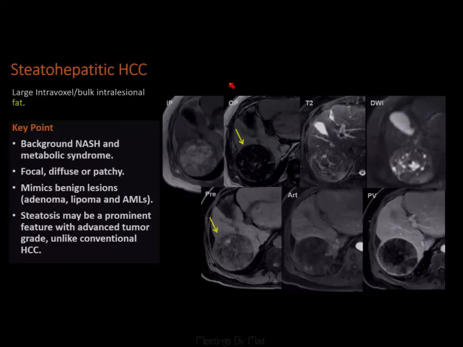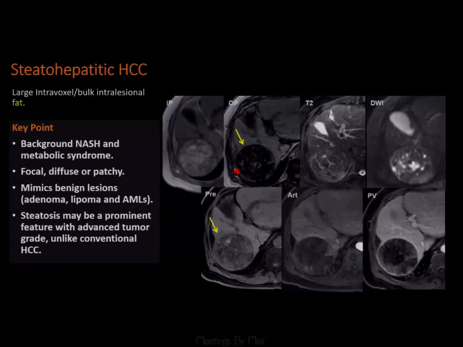A steatotic subtype of HCC is well described in the pathology literature, and the unique thing about this is usually there's a background of NASH and metabolic syndrome. The fat is quite exuberant in this case. The amount of fat actually makes it very hard to distinguish from benign lesions such as lipoma, adenoma, and AMLs.